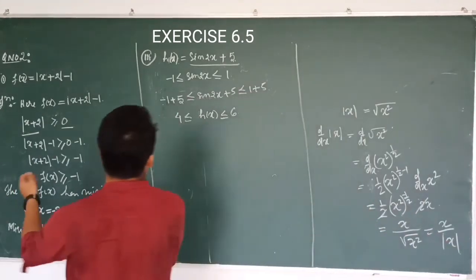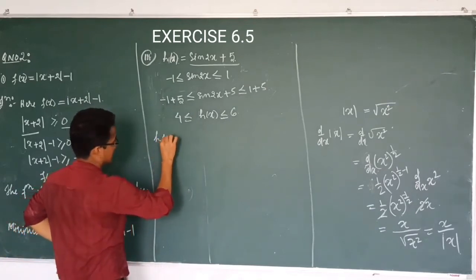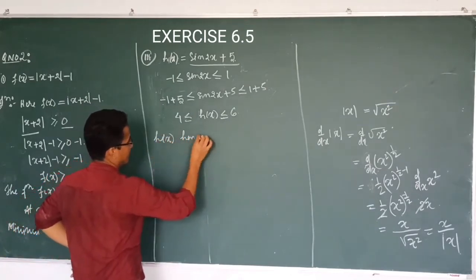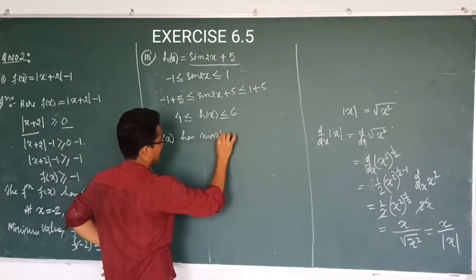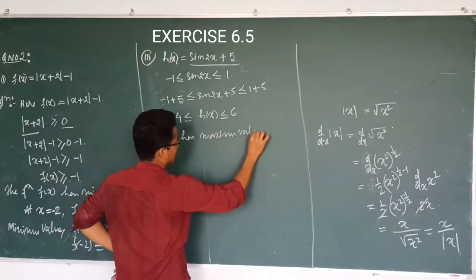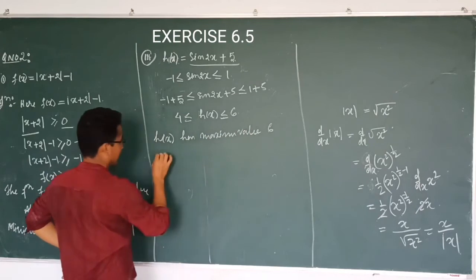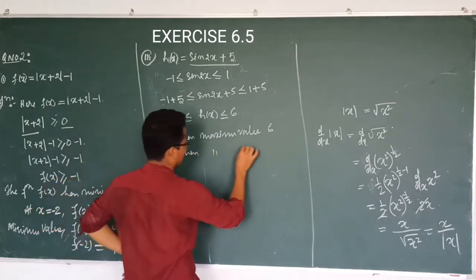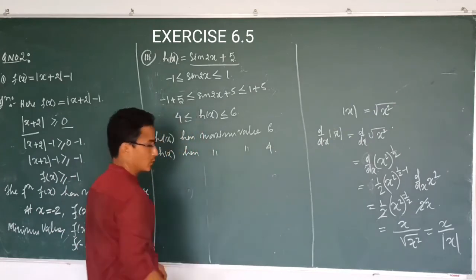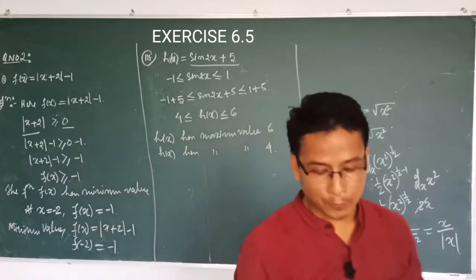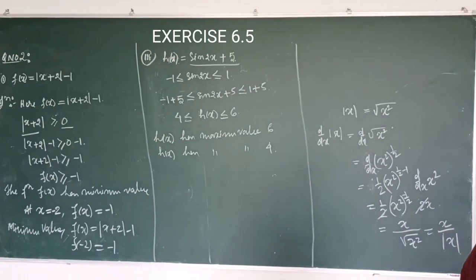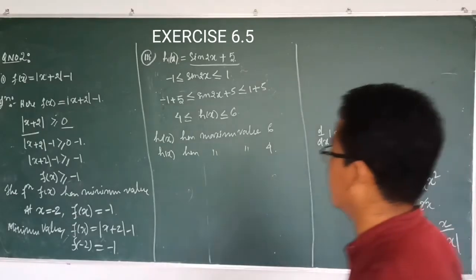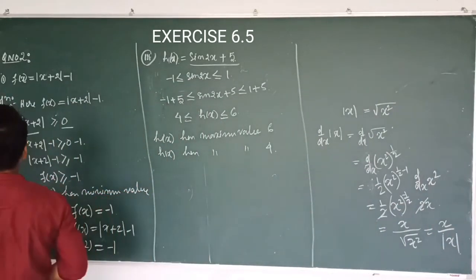So the function h of x has maximum value 6, and minimum value 4. Okay, minimum value 4, maximum value 6. Clear? So this is Roman number 3, question number 2.